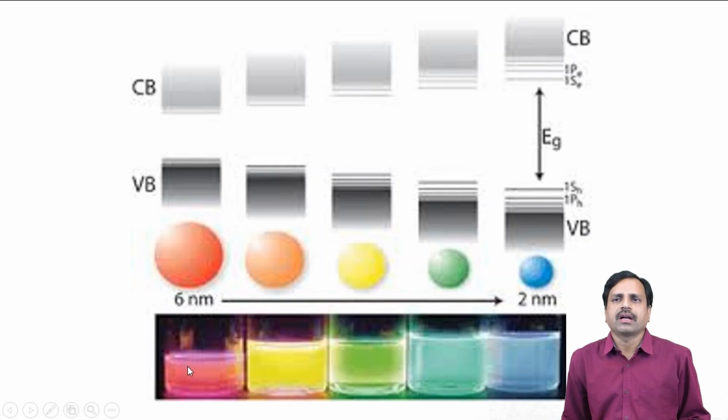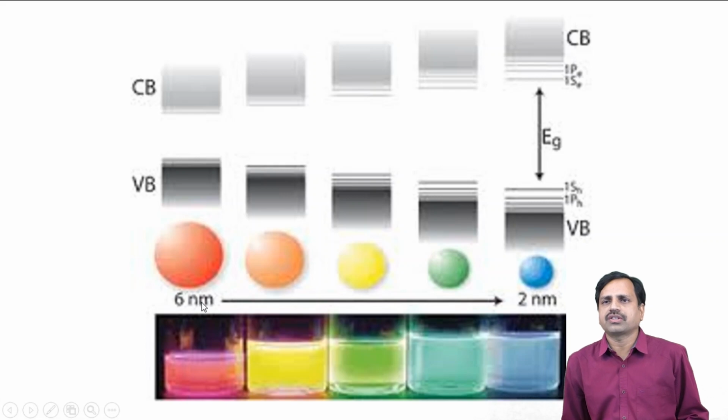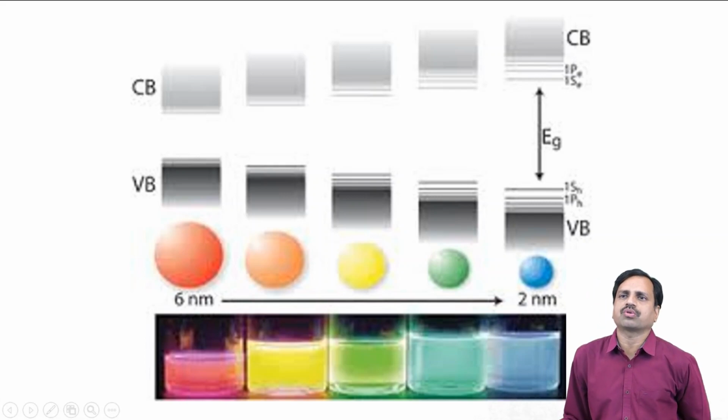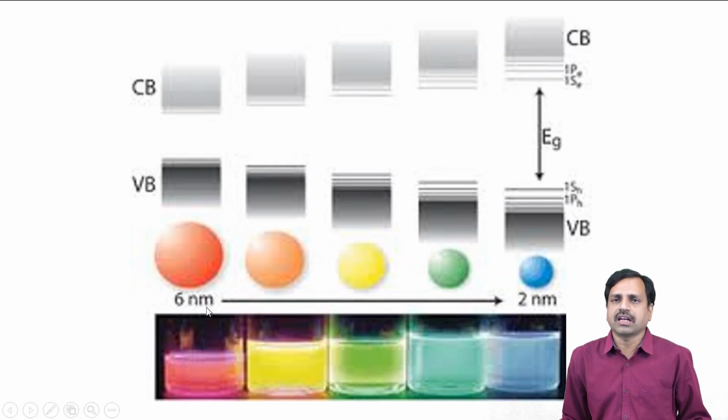When we bring it down to 2 nanometers, it drastically changes to blue. So when the particle size is reduced from 6 to 2 nanometers, the color of the nanoparticles changes to blue.